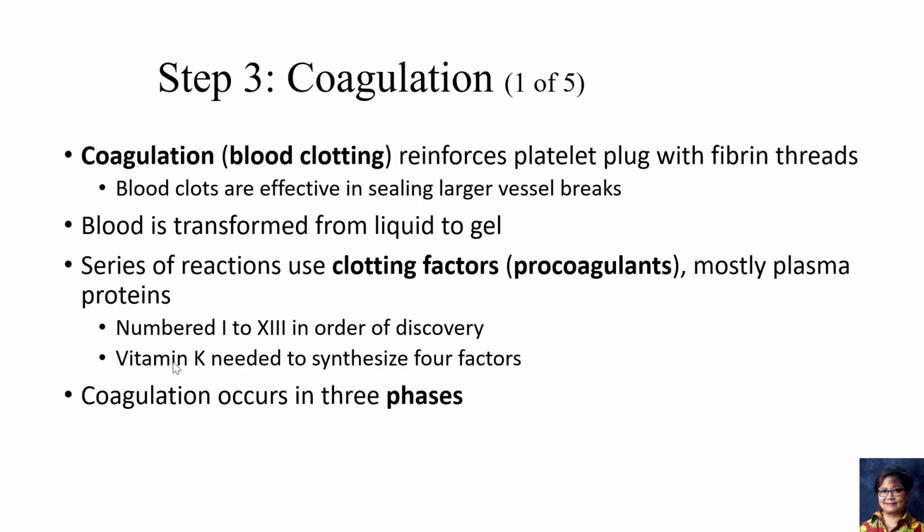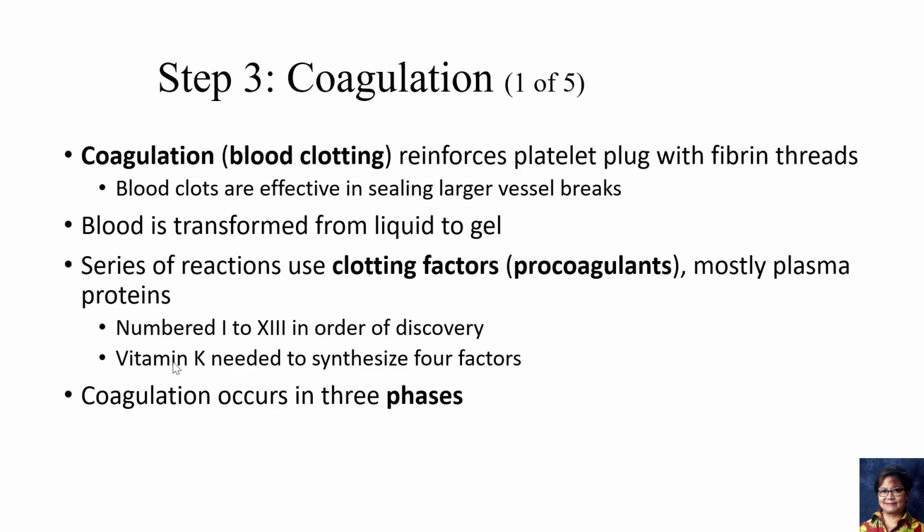As a matter of fact, they are being produced all over, most of them in the kidney and the liver. An example of this is your vitamin K, which is synthesized in the liver. You have also the anti-hemophilic factor, which is factor 8.